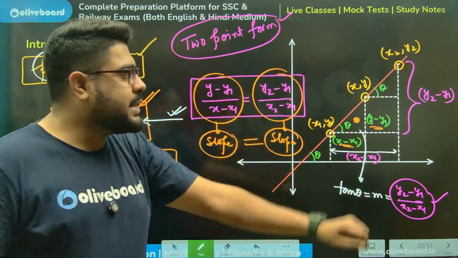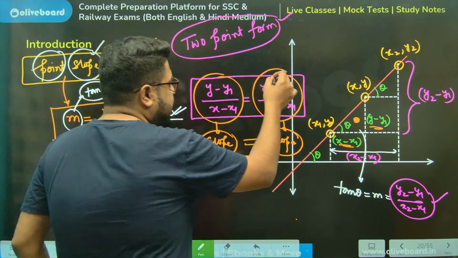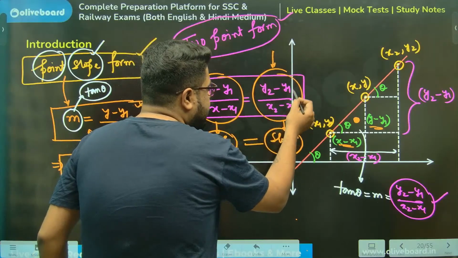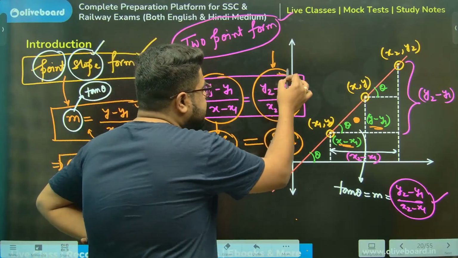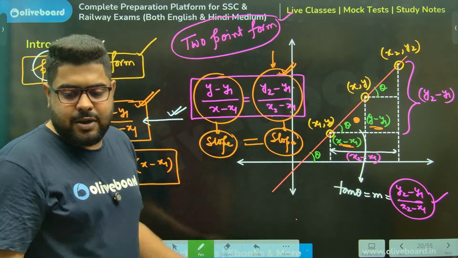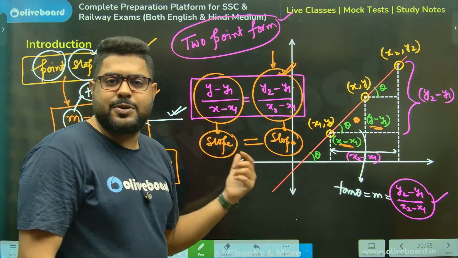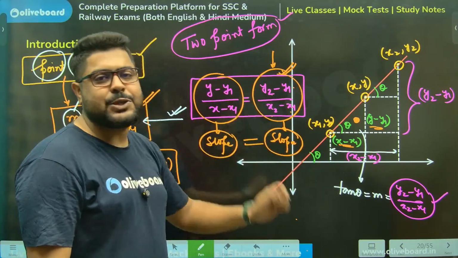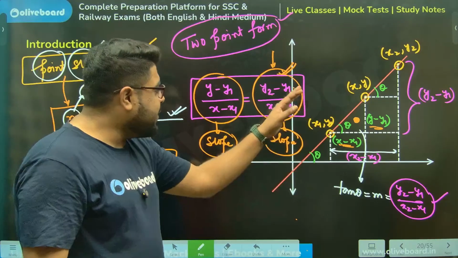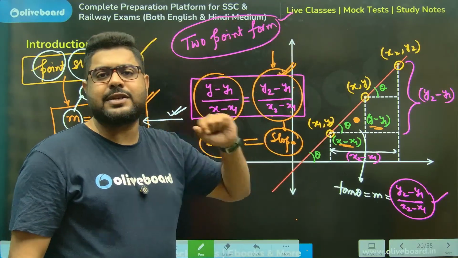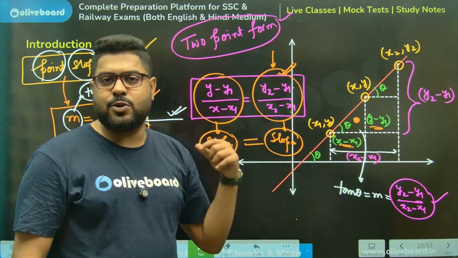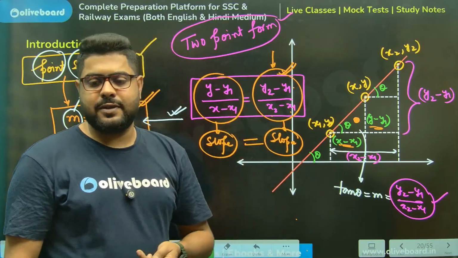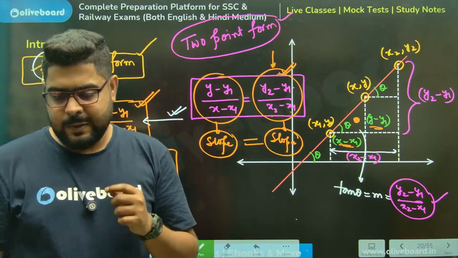If they are passing through the points x1, y1 and x2, y2, can I not say this is itself the slope? Because the proof is slope equal to slope. So both the sides are slope only. So why do we need to figure out the whole equation? I can simply figure out this side, that will be the slope. That's a conceptual shortcut itself.